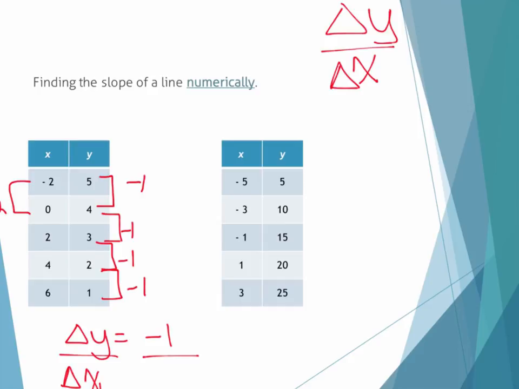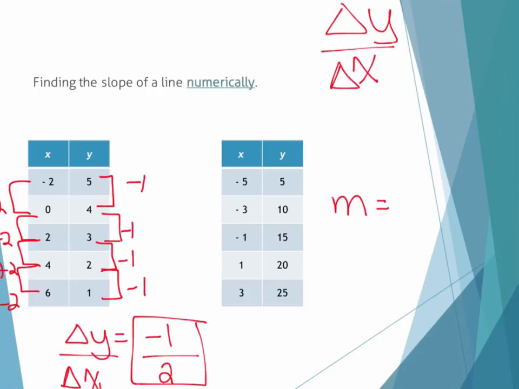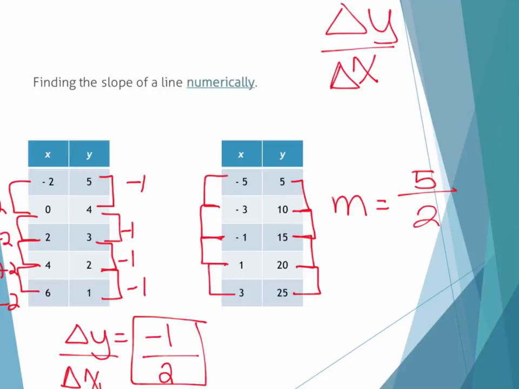Adding 2 each time. So my slope is -1/2. Okay, the next one. Adding 5 each time for the output, and adding 2 each time for the input. So my slope is 5/2.